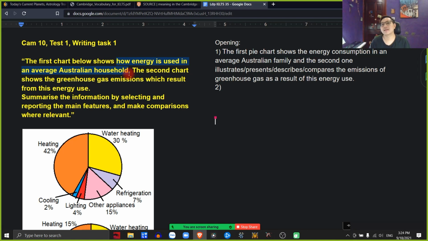Show cái gì? Show cái cách mà năng lượng được sử dụng. So the whole thing, how energy is used in an average Australian household is the object. Now, so basically, on the second sentence, this is the subject, this is the verb, and the whole thing here is the object.